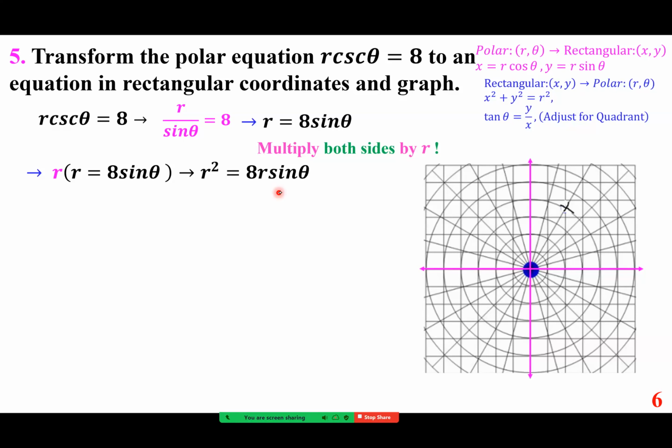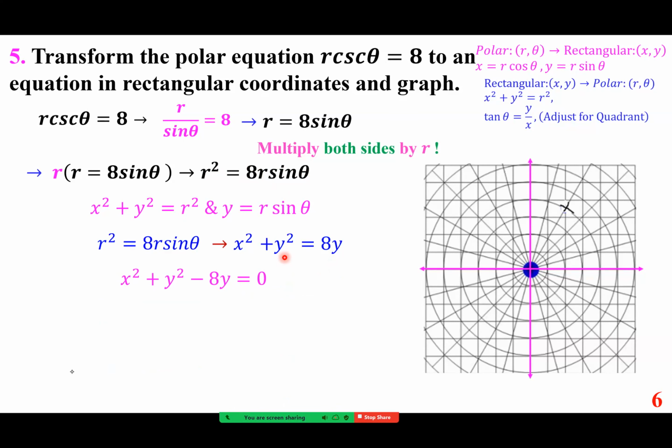We also know that x squared plus y squared equals r squared, and y equals r sine theta. Therefore, this is the same as x squared plus y squared equals 8y. Moving the 8y to the left and doing the same thing, completing the square, everybody.